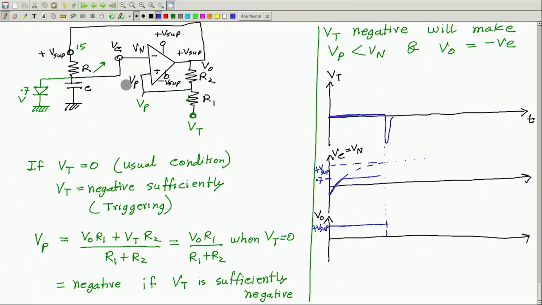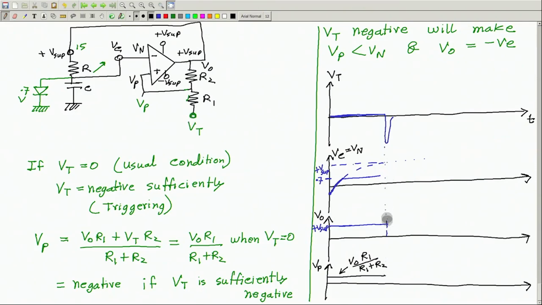Let me also draw Vp. So, you see in this part this Vp will be also flat, because here Vp is same as this output multiplied by this potential divider fraction. So this is Vo multiplied by R1 divided by R1 plus R2, because Vt is 0. So Vt is 0 means only Vo will decide this voltage.